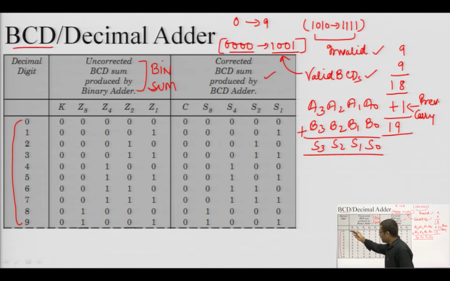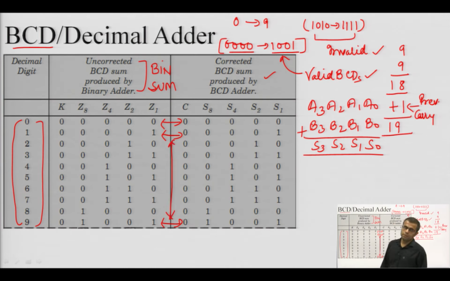But till 9 there is no need of correction. From 0 to 9, binary or BCD both are exactly similar.